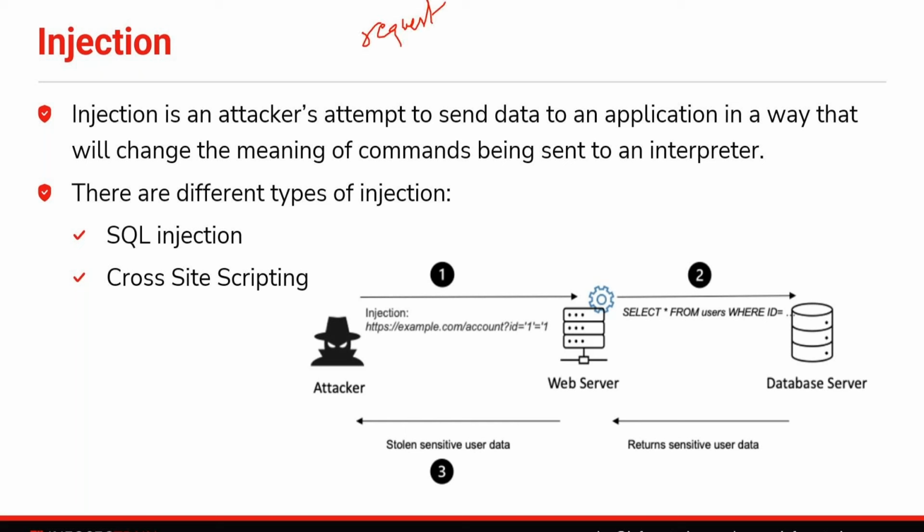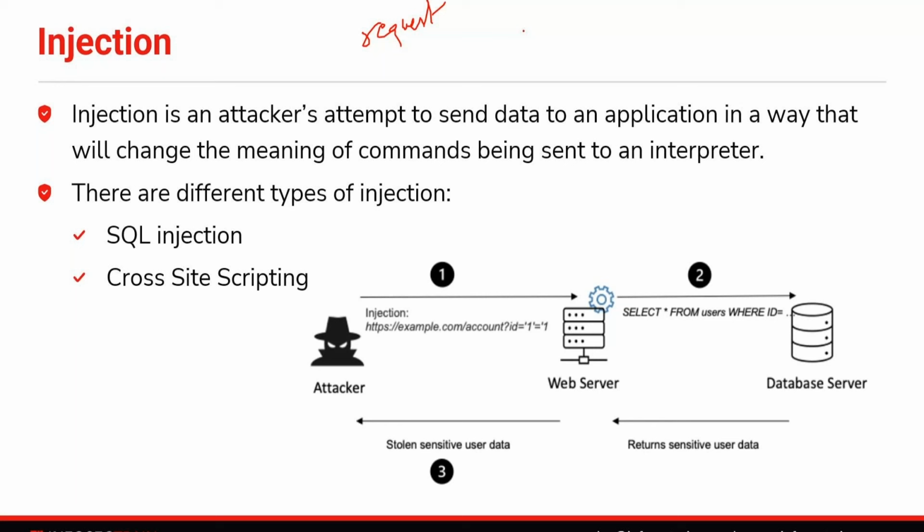When this happens, an attacker can inject some query or malicious script to find out information. That information can be anything: credit card details, credentials, passwords, or anything of the target. That is injection.